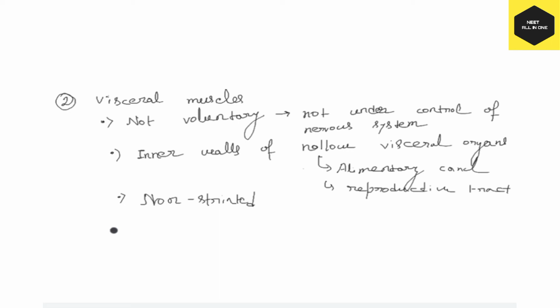Now let us come to the third one. What is that? Cardiac muscles. As the name suggests, these are muscles of the heart. The special feature about cardiac muscle is that it shows a branching pattern.